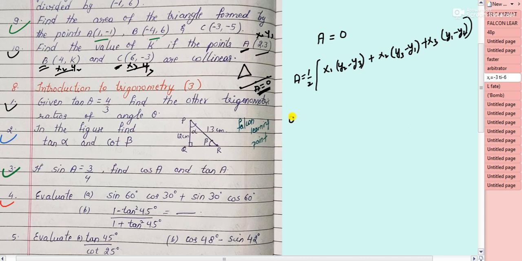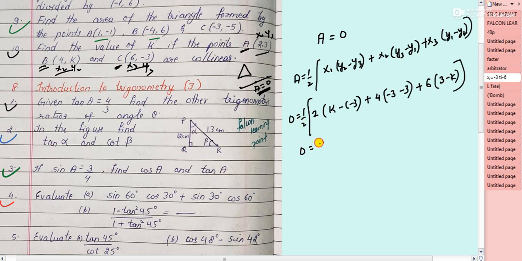So area is 0, 1 by 2 into x1, 2 into k minus of minus 3, plus x2 4 into y3 is minus 3, y1 is minus 3 again, plus x3 6 into y1 is 3 minus y2 is k. Got it? So if you bring this half to LHS, it becomes 0.